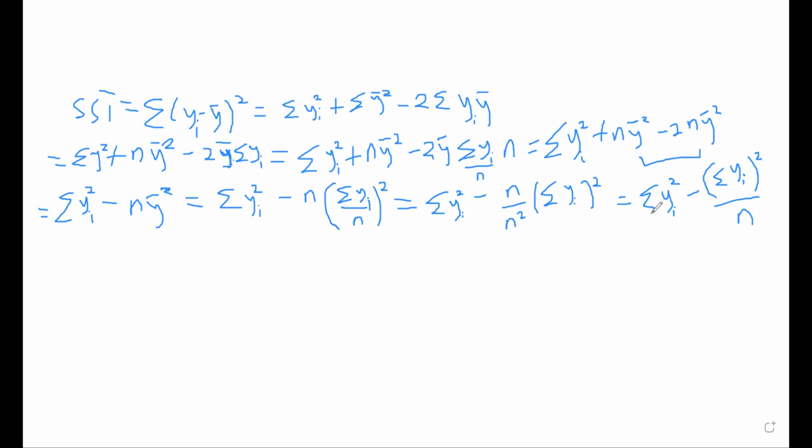Okay. Now we all know sigma y i squared can be written as what? The matrix one, y transpose y, right? This can easily be shown. I've shown you that it becomes the sum of the individual items. And then we have minus the summation of y i all squared over n.